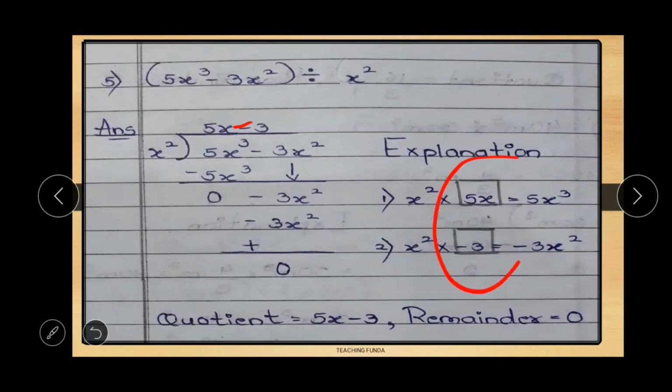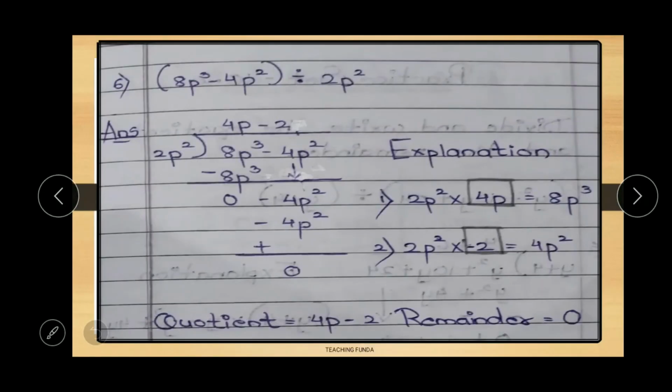Whatever answer you are getting over here, see in the boxes, that you have to write as the quotient. See step by step. So again do the same thing, minus 3x square minus 3x square. So minus minus will come, add plus, and your remainder will be 0. So in this way your quotient is 5x minus 3 and the remainder is 0.